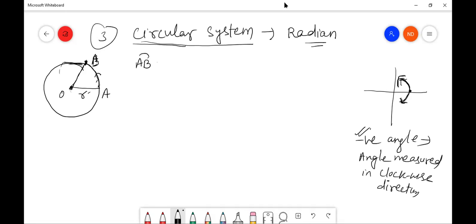When AB is equal to r, I mean arc length equal to the radius of the circle, in that case the angle subtended at the center, this quantity, this angle, is basically 1 radian. So 1 radian is defined as the angle subtended at the center of a circle by an arc equal in length to the radius of the circle.